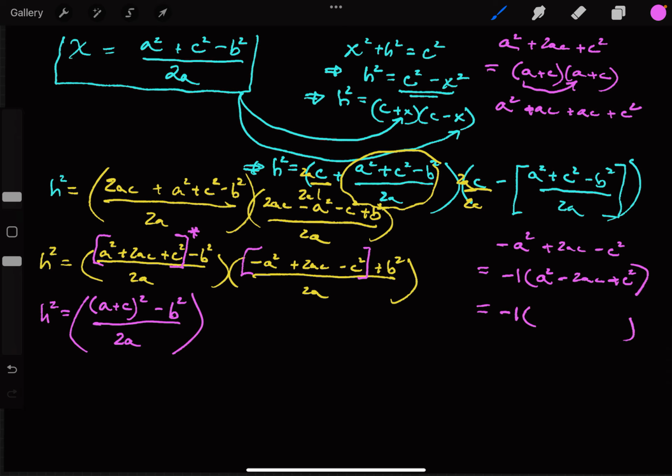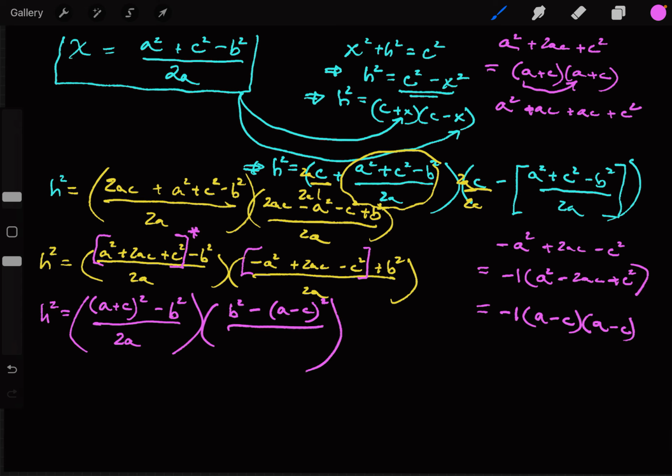And then what multiplies to c squared but adds to negative 2c, negative c. So this becomes a minus c times a minus c. And again, you could distribute and convince yourself that this is true. So now instead of writing that, I'm going to write it as b squared minus a minus c squared all over 2a. I think that this is the best way to write it.